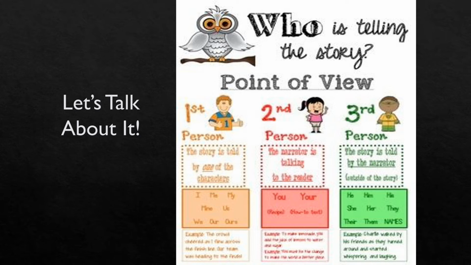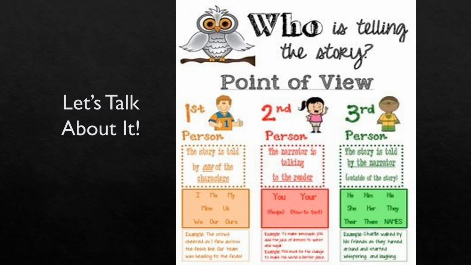Speech bubbles normally represent the words that a character is saying. So when you're thinking about point of view, think about the words that the storyteller is using or saying.